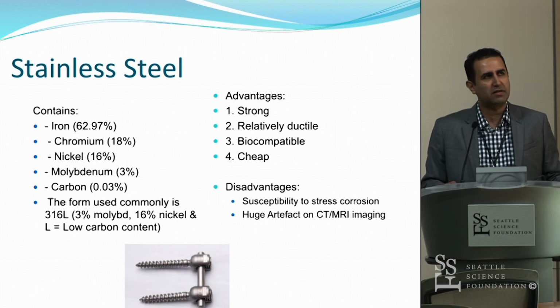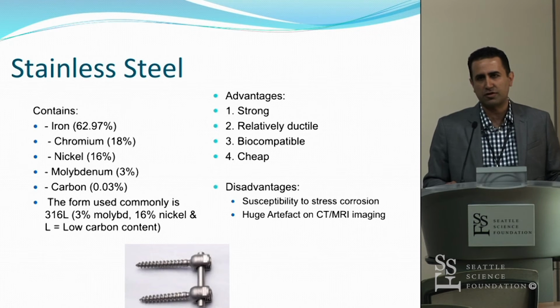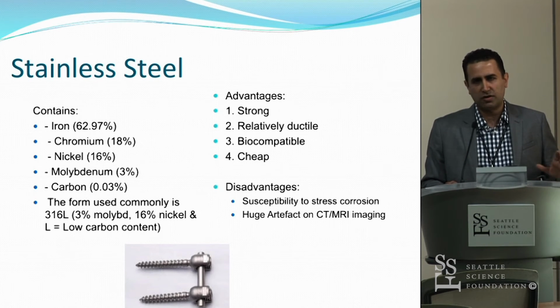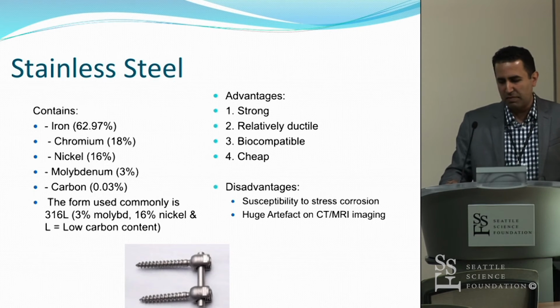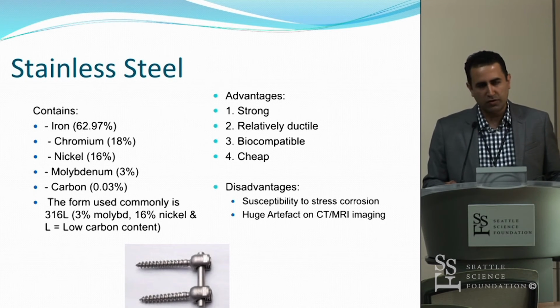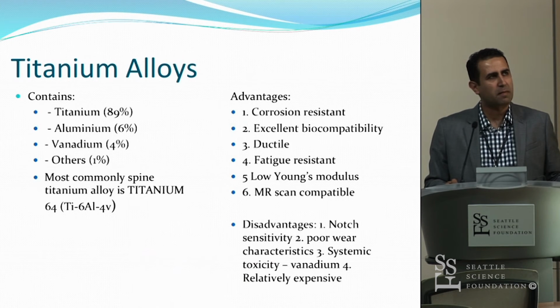The problem is that it's susceptible to stress corrosion because of its oxidization. And of course, it's hugely artifactual on imaging. So high strength, easily bent or contoured, but also susceptible to stress.